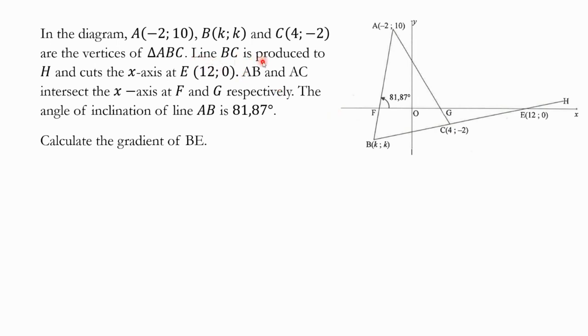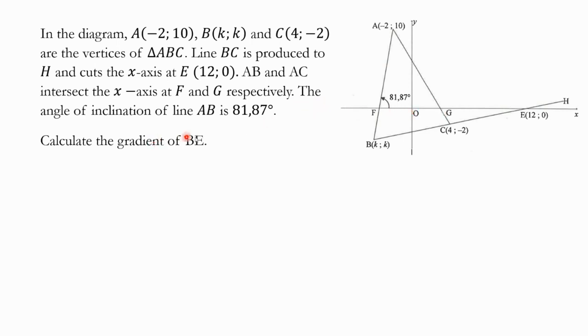Line BC is produced to H and cuts the x-axis at E, where the x coordinate of E is 12 and the y coordinate is 0. AB and AC intersect the x-axis at F and G respectively.